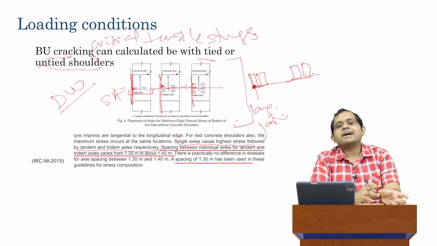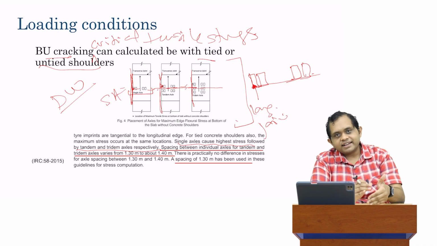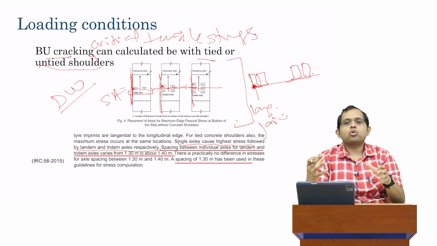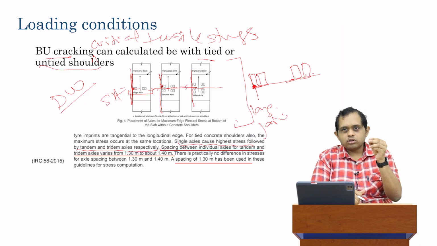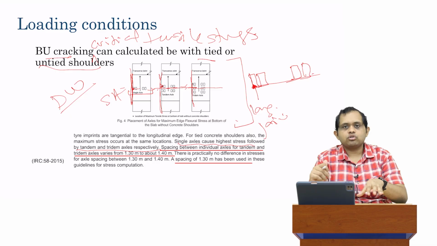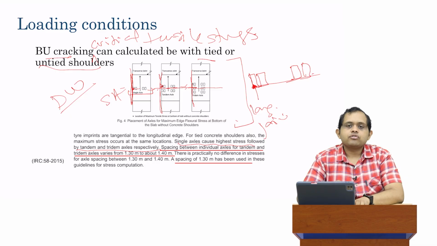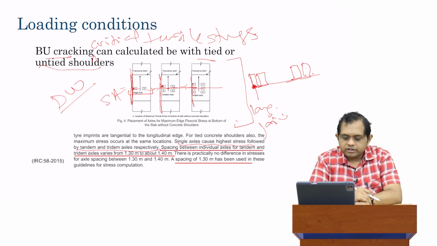It's just that the number of tires is fewer. The load per tire is less for tandem and even less for tridem. So the overall load of the axle increases, but the stress depends only on the load of the tire and the relative configuration of the tires. That's why single axles cause the highest stresses, followed by tandem and tridem axles respectively.